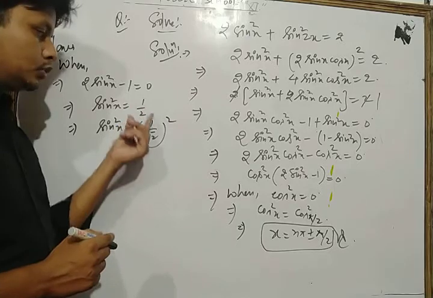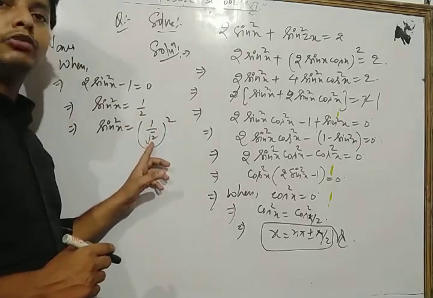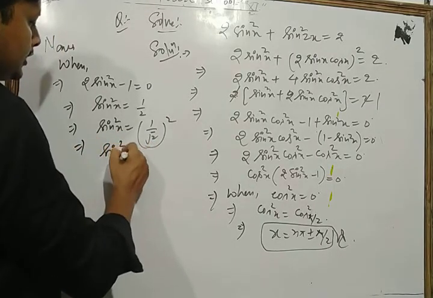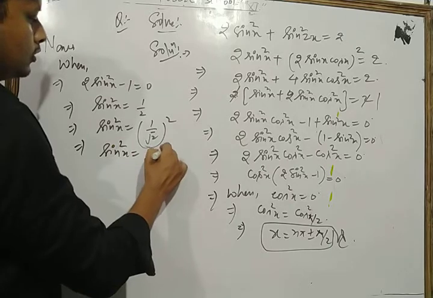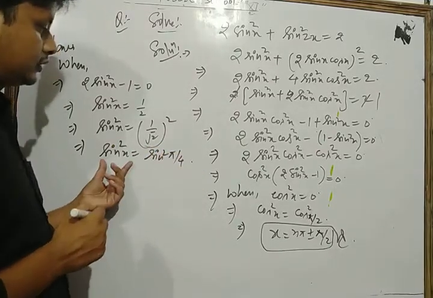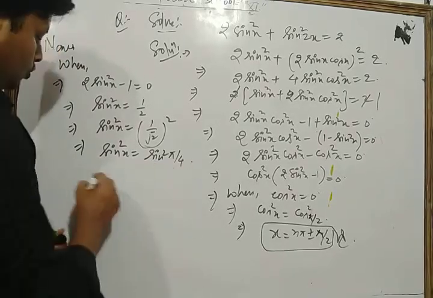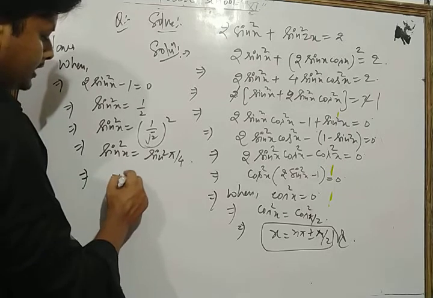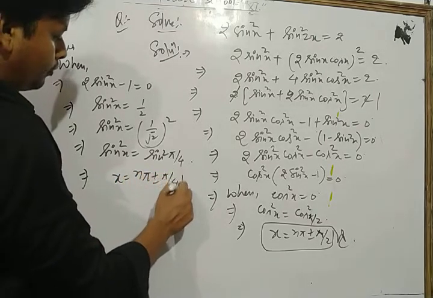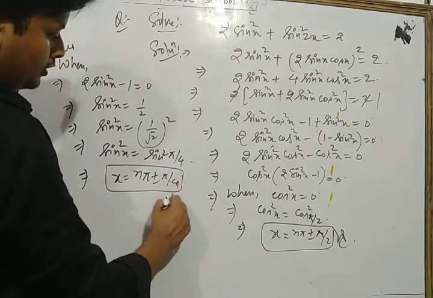We write 1 by 2 as 1 by root 2 square, right? And now let's see, this is the value of sin 45. So we get sin square x is equal to sin square pi by 4. Now this is the trigonometric equation of the form sin square x is equal to sin square alpha. So the general solution of that equation, x will be n pi plus minus alpha, means pi by 4. This is the other solution of this trigonometric equation.